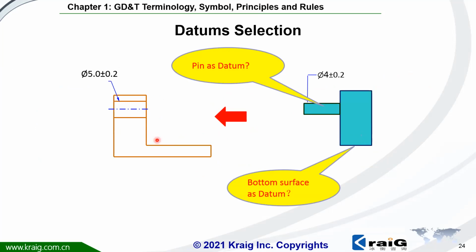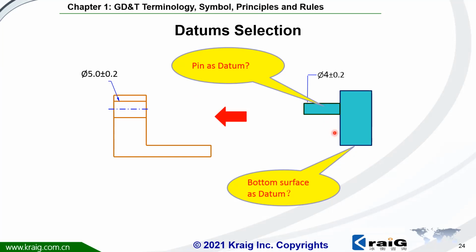The question is, which feature is supposed to be selected as a datum? Are we going to use this pin as a datum? Or are we going to use this bottom surface as a datum? The answer is, we don't know. Why? Because we don't know the mating relationship between part A and part B.